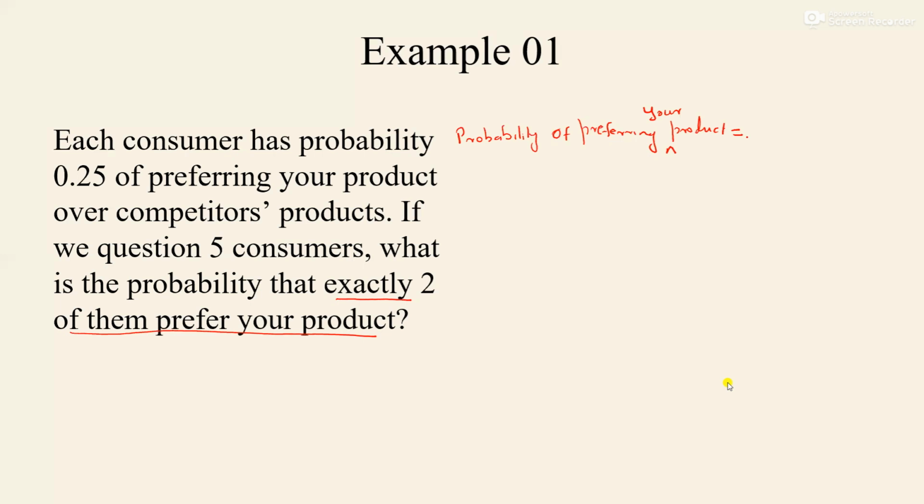There are 193 students, right? You can answer. What is the probability of preferring your product? Look at the first one. 0.25. 0.25, right? You have to answer quickly.